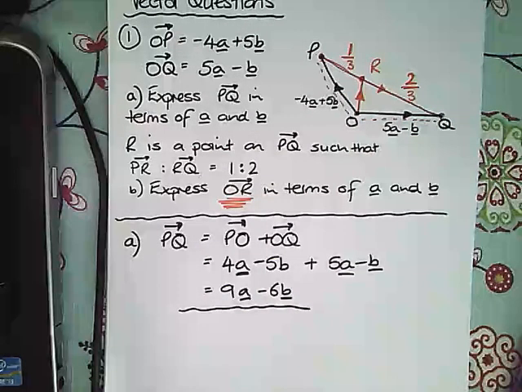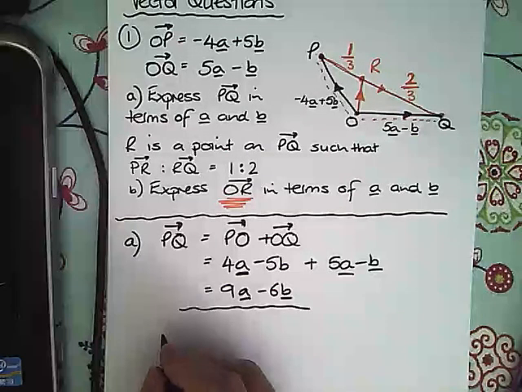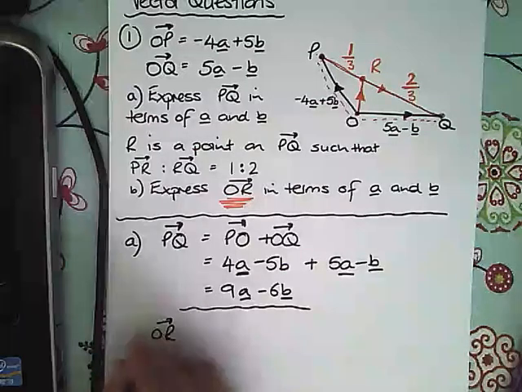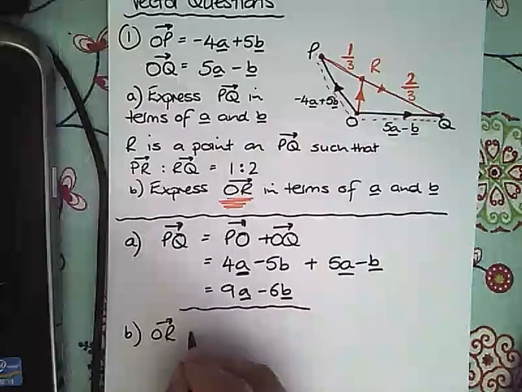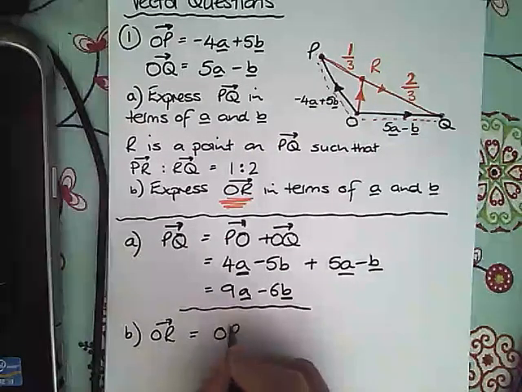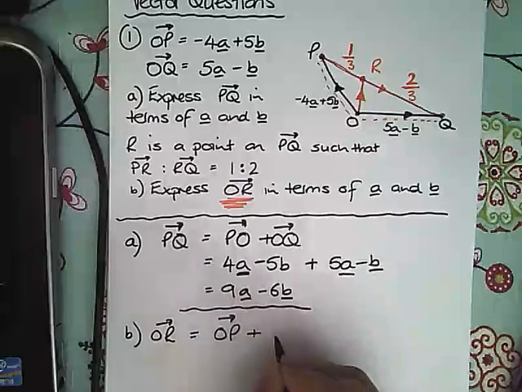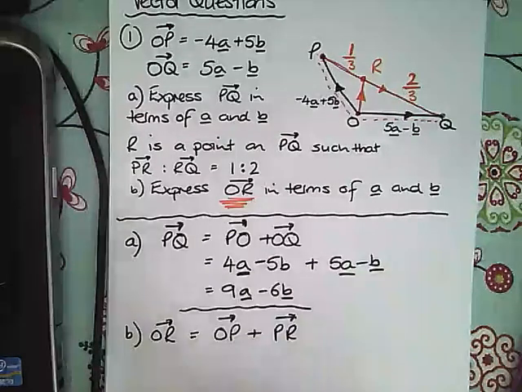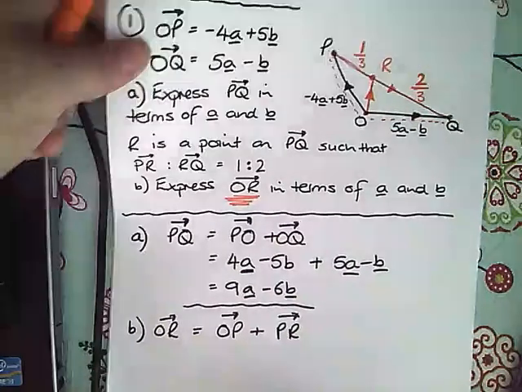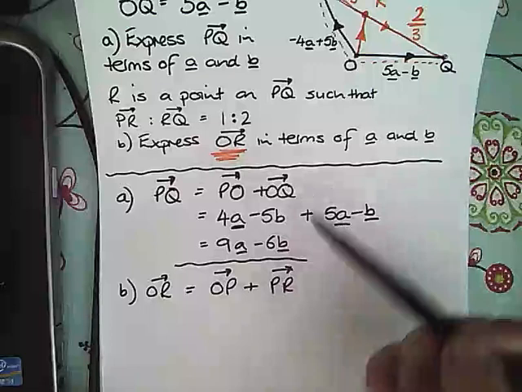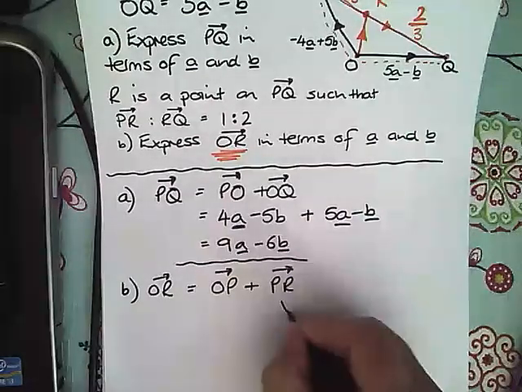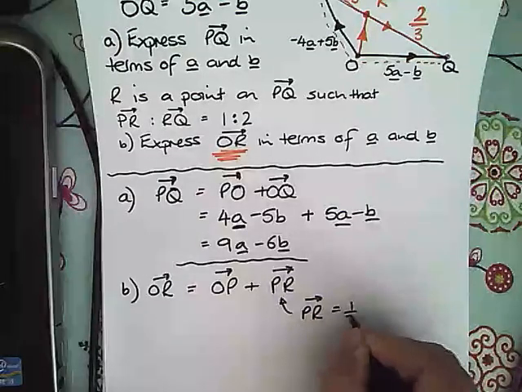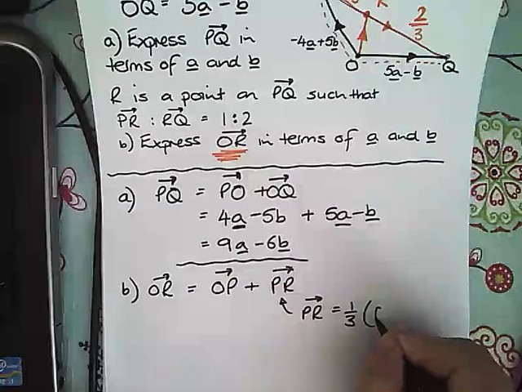So I'll write that down first of all, OR, this is part B, is equal to OP plus PR. Now I've already worked out what PQ is, and here I know that PR is 1/3 of PQ.